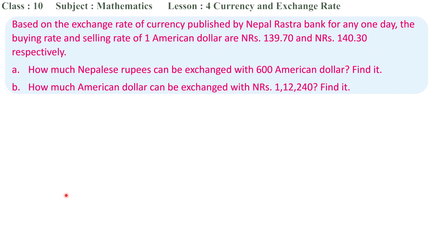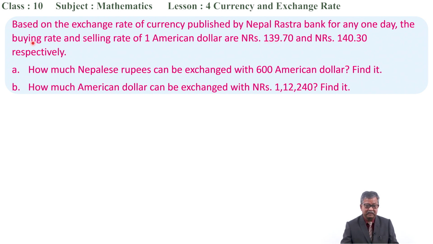So now, this problem I am giving here: based on the exchange rate of currency published by Nepal Rashtra Bank for any one day, the buying rate and selling rate of $1 American are given here, 139 rupees 70 paisa and 140 rupees 30 paisa respectively. It means 139 rupees 70 paisa is which rate?